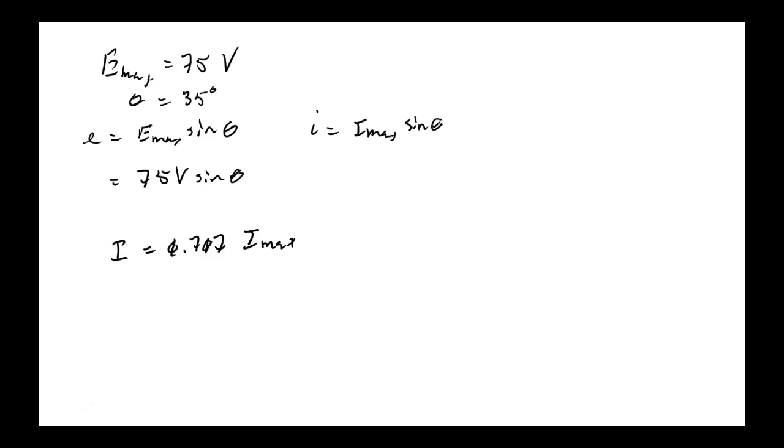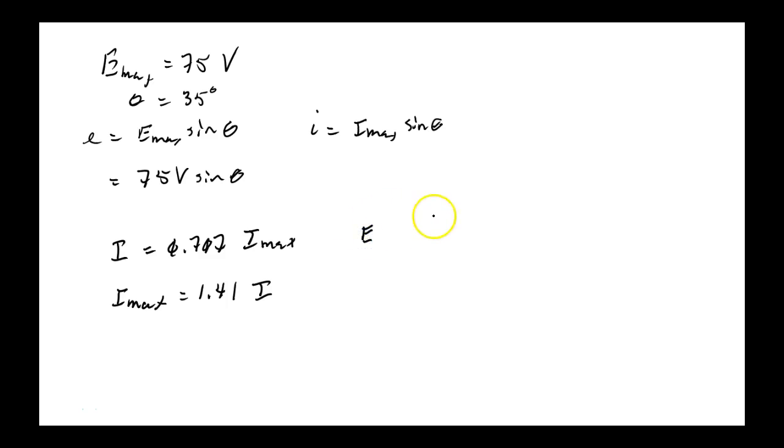Or, if you want to know what I max is, and you know the effective current, that's 1.41 times I. So I is the effective value of the current, and I max is the maximum instantaneous value. And by the way, the same formulas work for E.